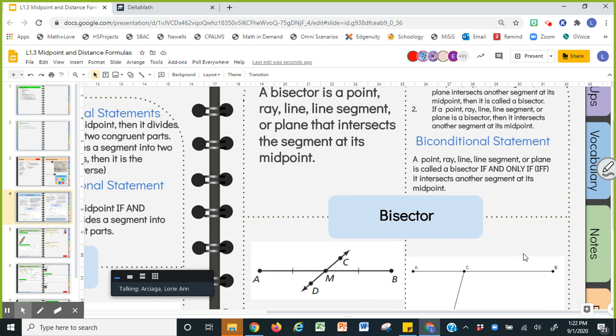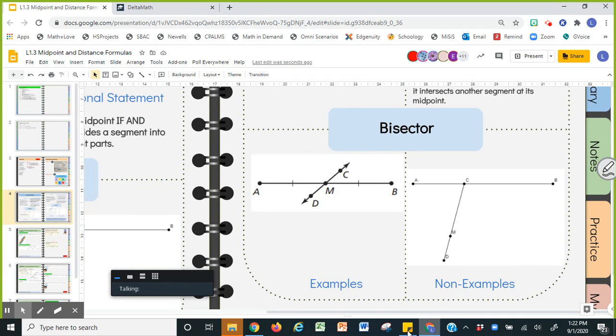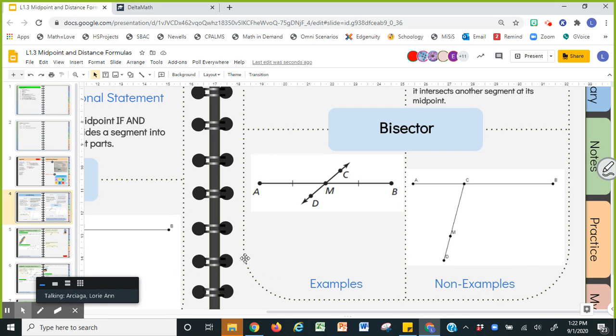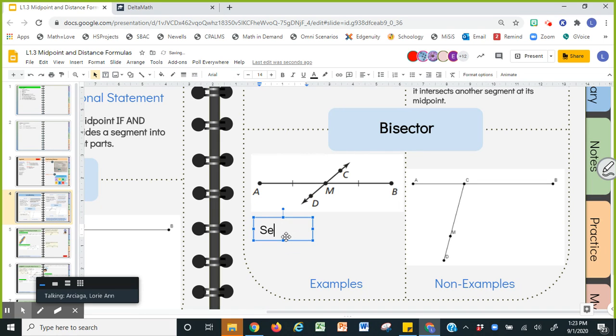You could just edit the other text boxes later on. So if you look at the difference between the image here and the previous page, point M here is the midpoint, and any subset of this line can be a bisector. For example, segment DM could be a bisector. The last time I also taught you how to use LaTeX in GeoGebra, so if you want to use that later on, that will be nice as well.